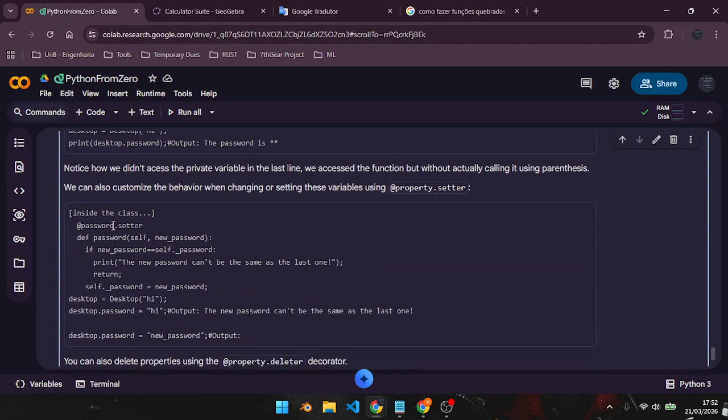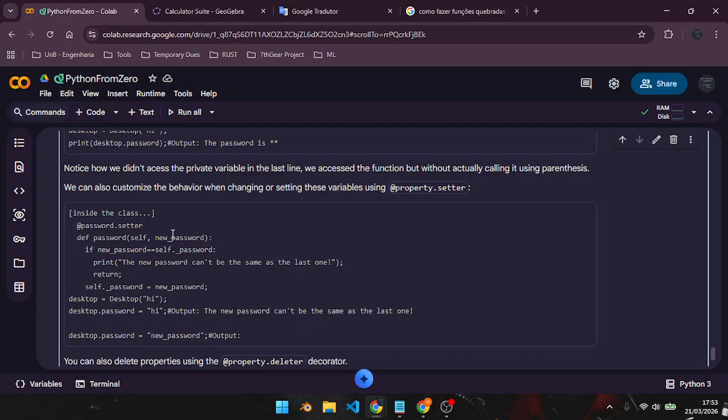You can have the password setter. That's when you try to change or set a property, and you're gonna have the same name for the function. I don't know if you can change this name. I'm gonna try that later.